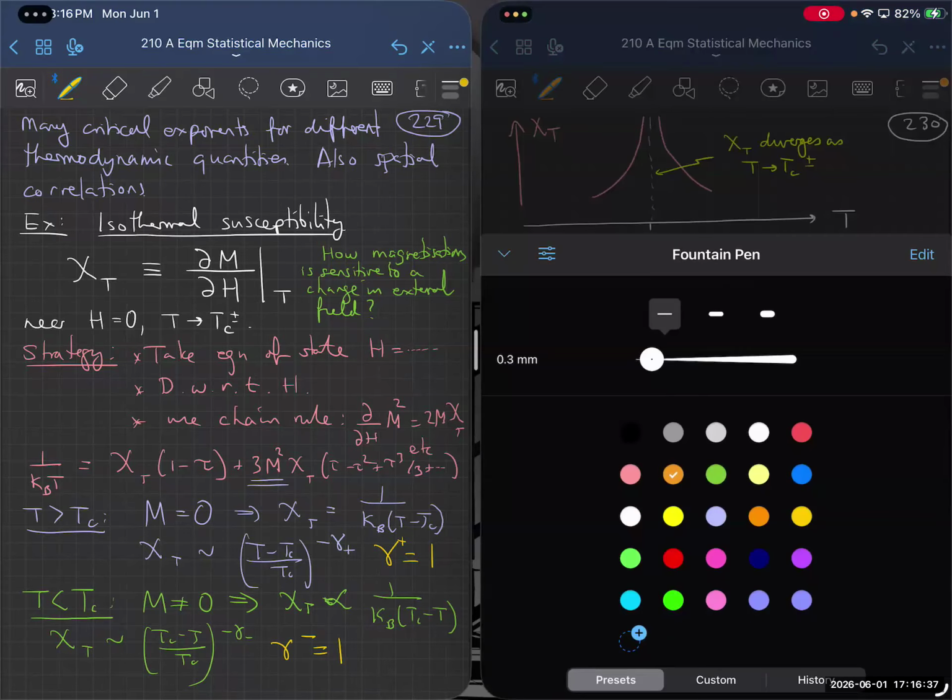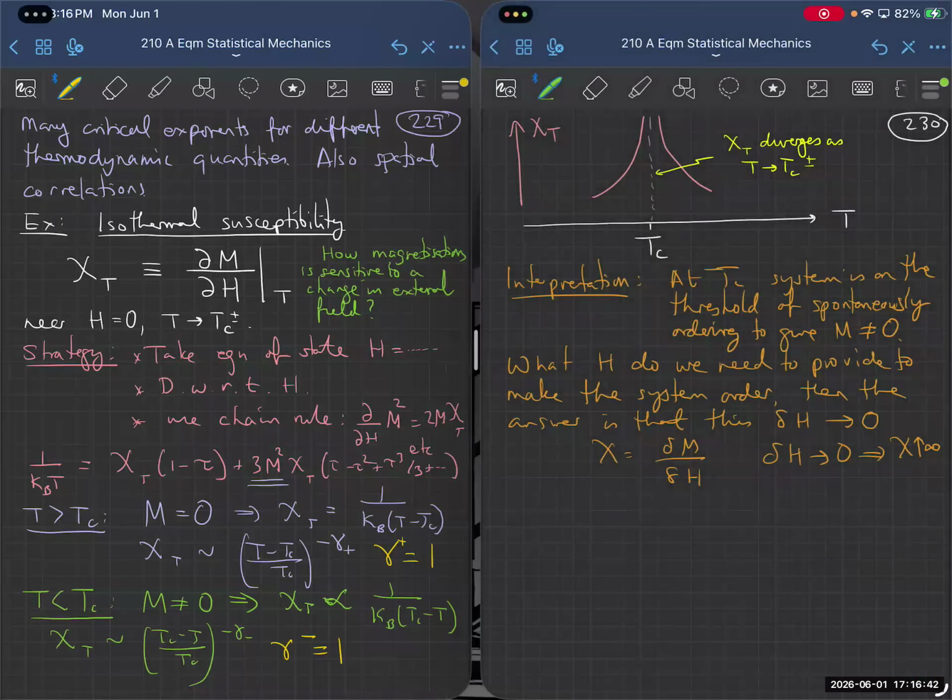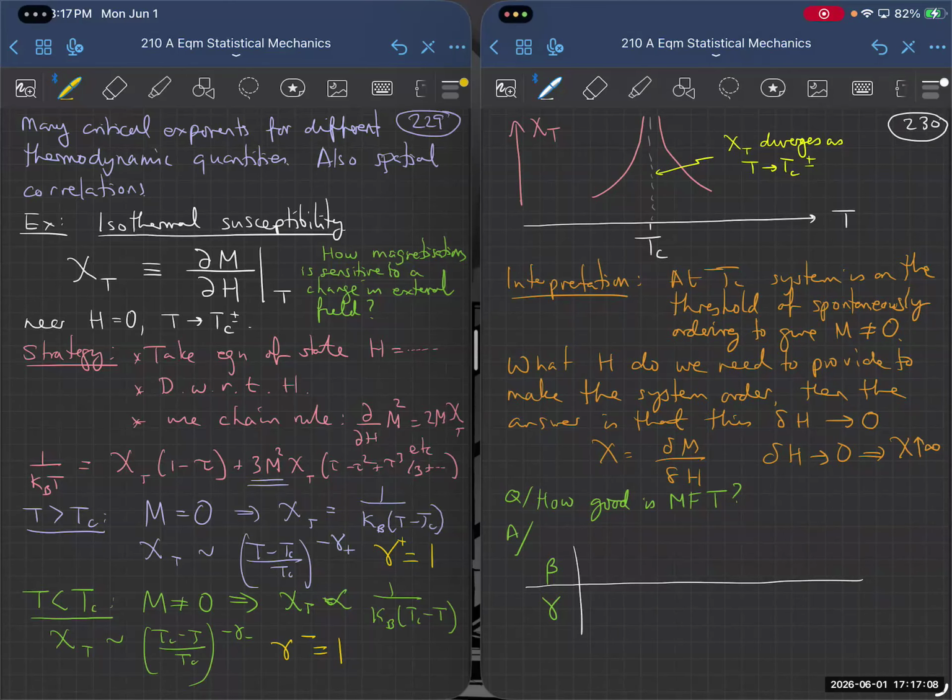So let me then finish by comparing the results from mean field theory with exact results. So the question then is, how well does it work? So here's what I'm going to do. I'm going to plot beta and gamma. And the first thing I'm going to do is write down the result for mean field theory.